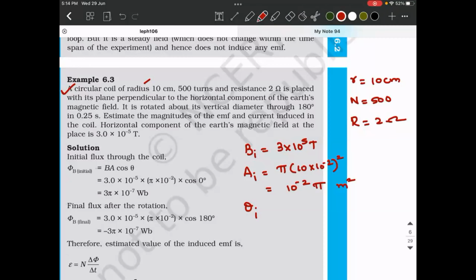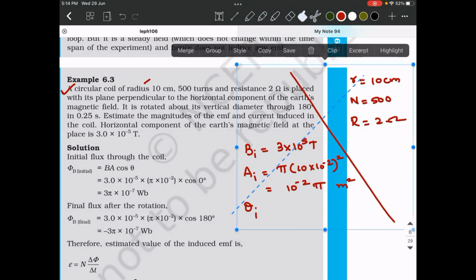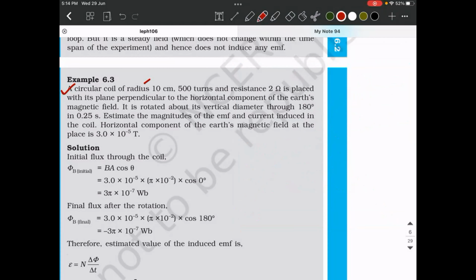So first, write down, put a line like this. Any problem, this is the only algorithm. You need not think of anything else outside this. Just search for this data, you will get the answer. For the line: initial, final. So what are the three parameters? B initial, B final.